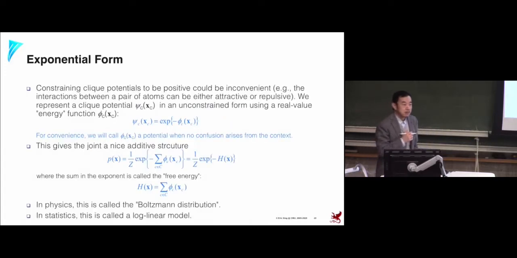Okay, so then another practical concern that we want to mention briefly, which is known as the exponential form. As I said, potential functions over cliques require you to provide only positive numbers over joint configurations. Right?